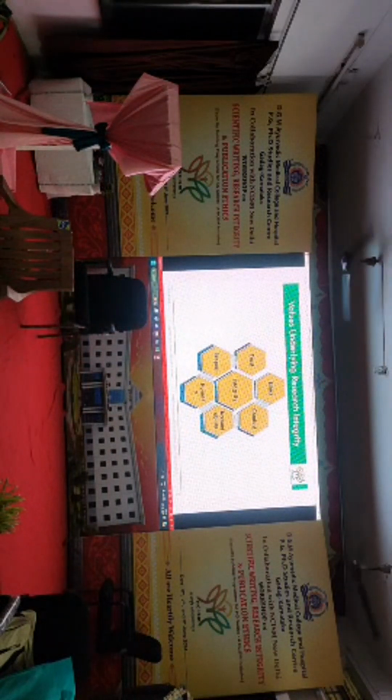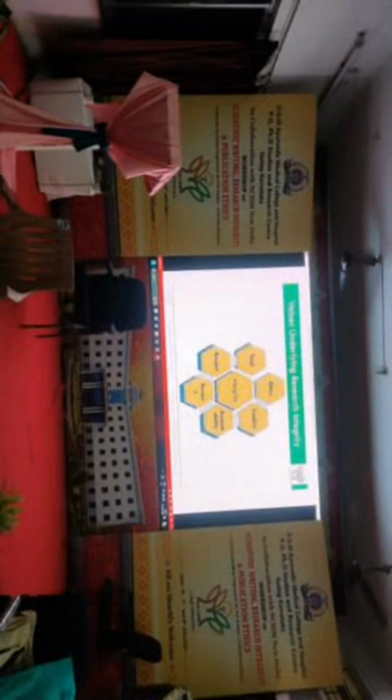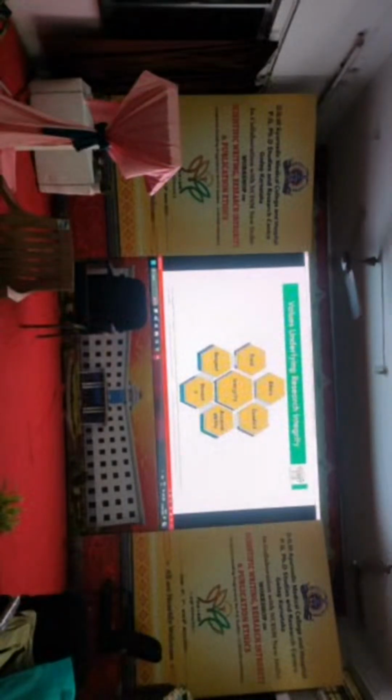Conduct of research: whether it is going smoothly or not, whether there are some misconducts or not, whether there is manipulation of data or fabrication of data or not. Then accountability, honesty, respect towards the subjects, trustworthiness. So combinedly they contribute to research integrity.